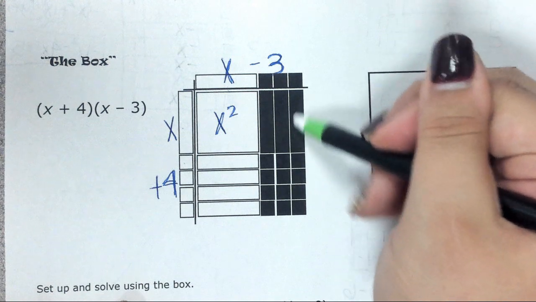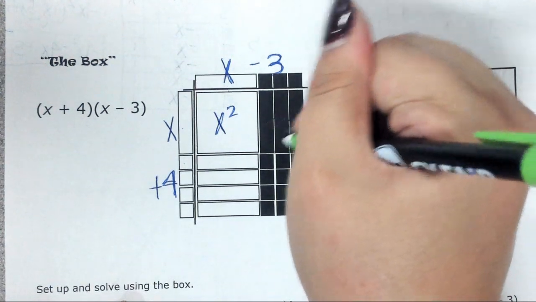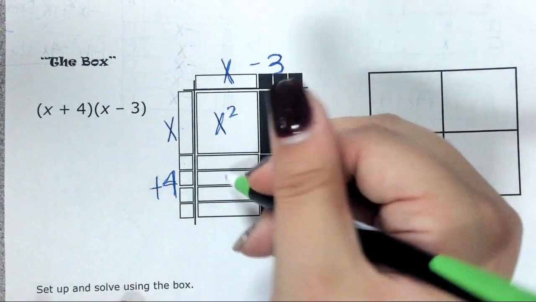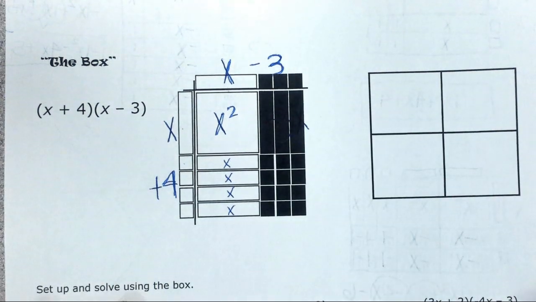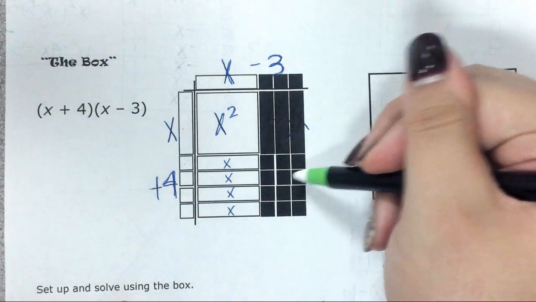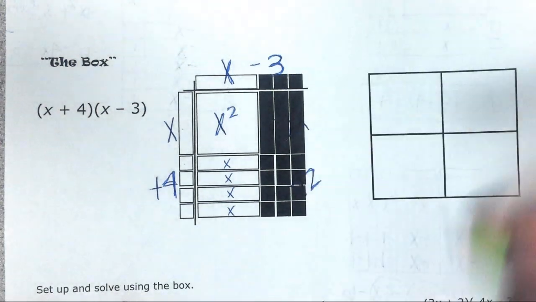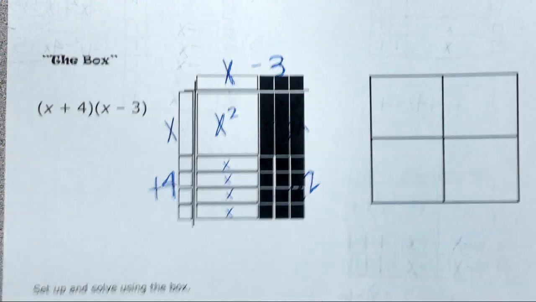And what do I have right here? These are all what? Negative x's. How many of them are there? There's negative 3x. And I have x, x, x. I have 4 x's right there. And then can somebody count these for me? There's negative 12.